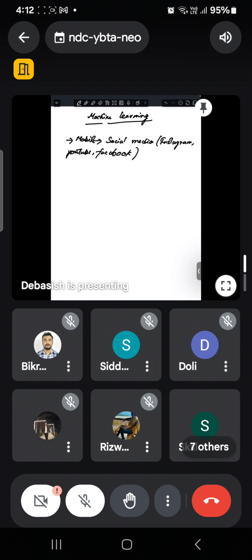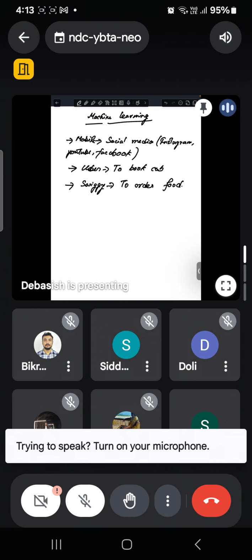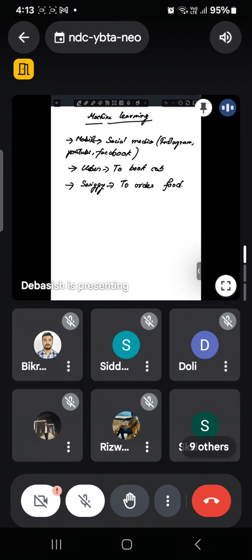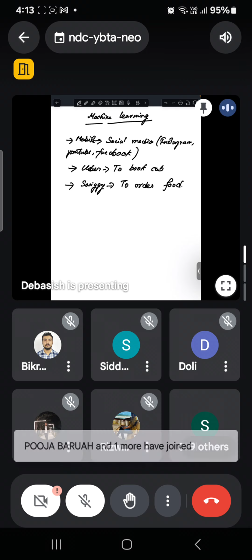You use mobile for Uber, to book a cab. You use Swiggy to order food. So basically, nowadays we generate lots of data from our mobile.